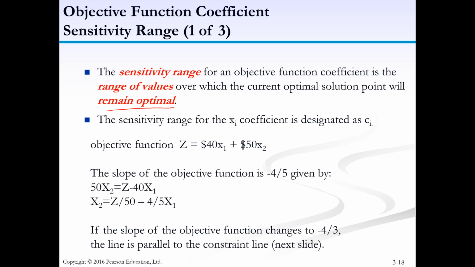Here is the objective function, and the slope of the objective function is minus 4 over 5.